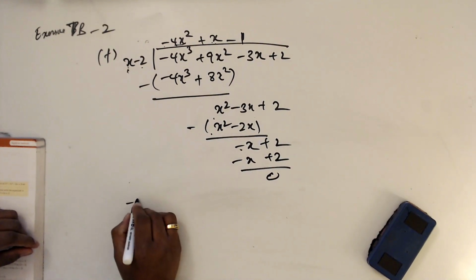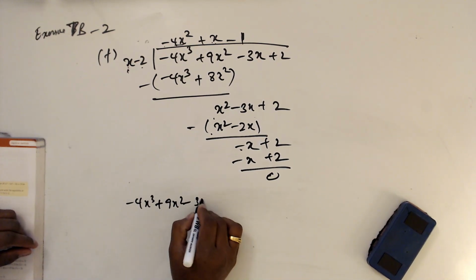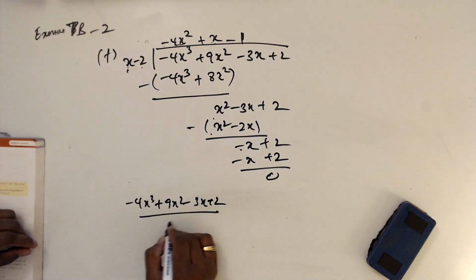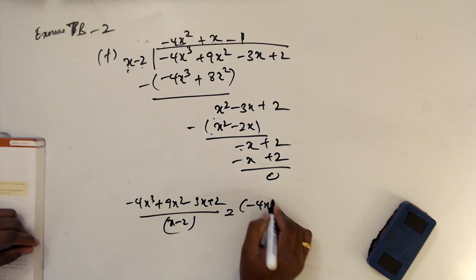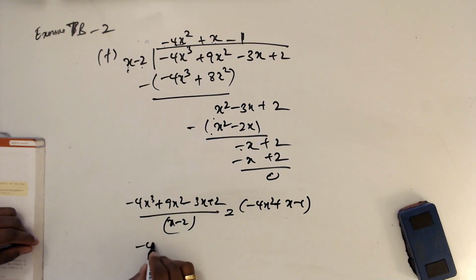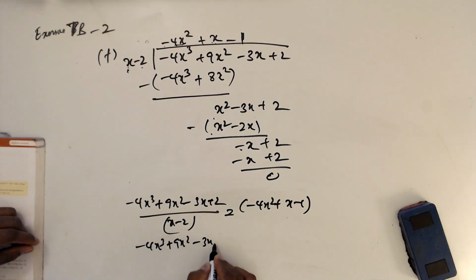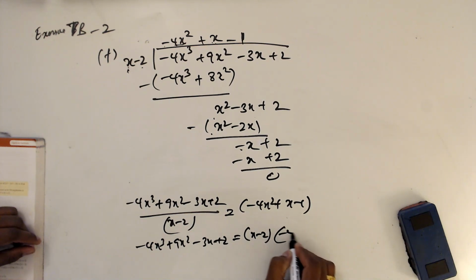Now minus 4x cubed plus 9x square minus 3x plus 2 divided by x minus 2 equal minus 4x square plus x minus 1. Now cross multiply this one. Minus 4x cubed plus 9x square minus 3x plus 2 equal x minus 2 times minus 4x square plus x minus 1.